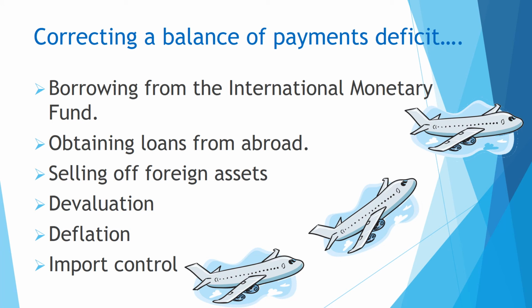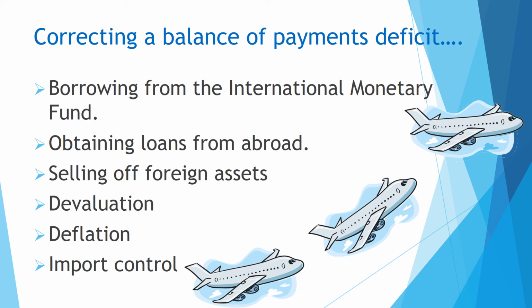First off, we may have to borrow from the International Monetary Fund. Also, we may have to obtain loans from abroad, which we've been doing. We may also have to sell off our foreign assets, which is straightforward.